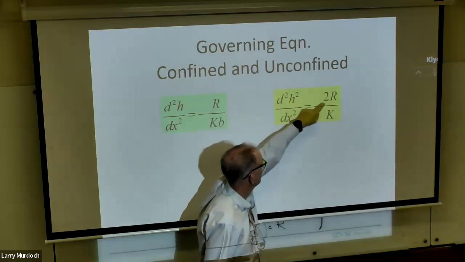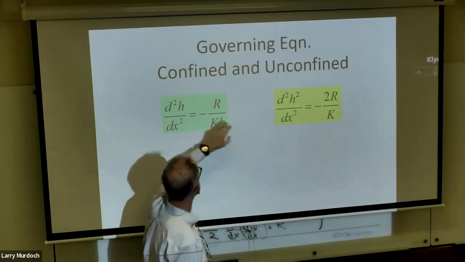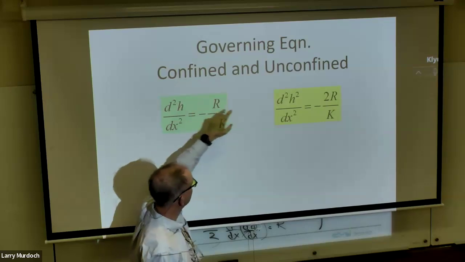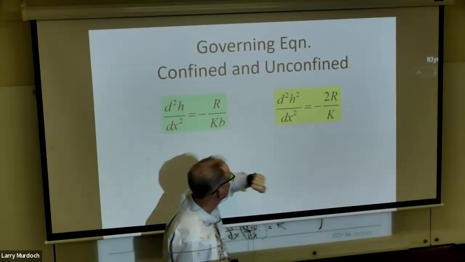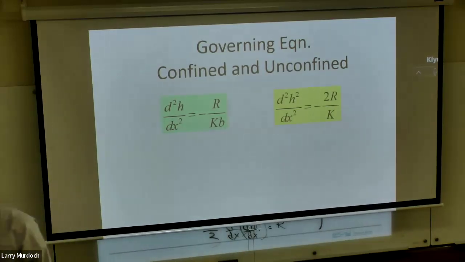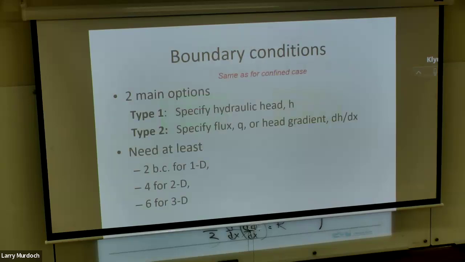Here, second derivative proportional to r over k. This one is the second derivative of h, that one's the second derivative of h squared. So there are some differences.